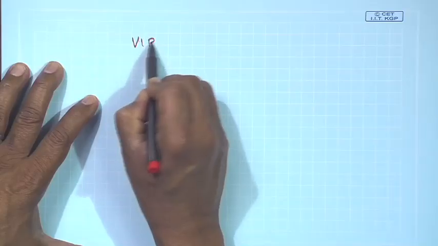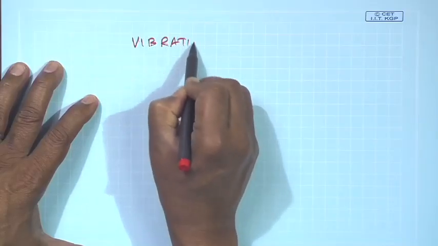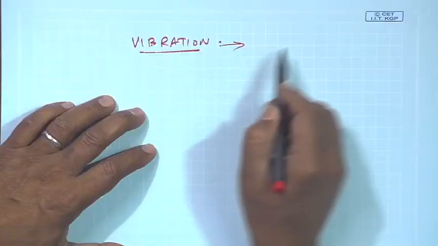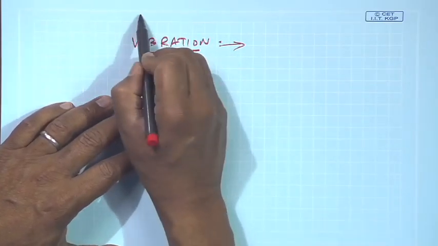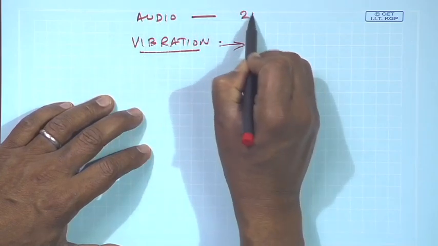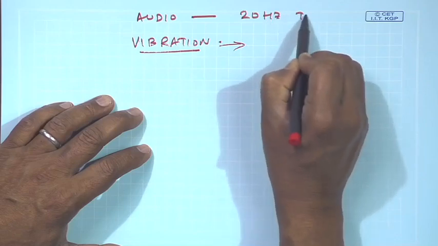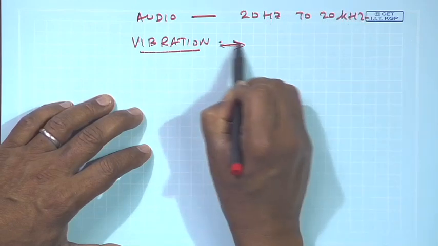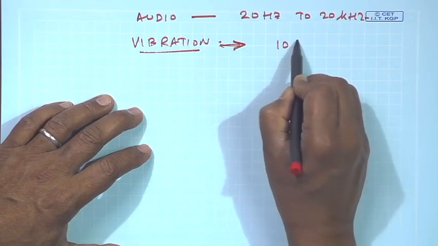Obviously people sometimes ask me, what is the typical frequency range of vibration signals for CBM? I say, if you look into IC engines and motors, though if I talk about the audio range from 20 hertz to 20 kilohertz, vibration signals are good up to 10 kilohertz.